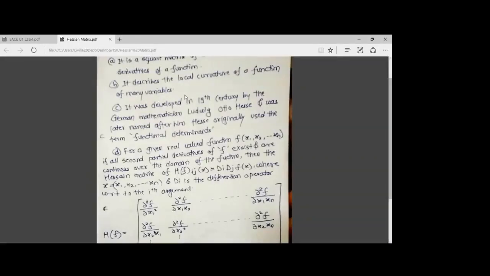When I say many variables, it is a multivariable function that can be tested here. And local curvature, whether it is concave or convex, can be tested. So this Hessian matrix can be used for deciding whether the multivariable function is a concave function or a convex function. It was developed in the 19th century by a German mathematician named Ludwig Otto Hesse, and was later named after him.